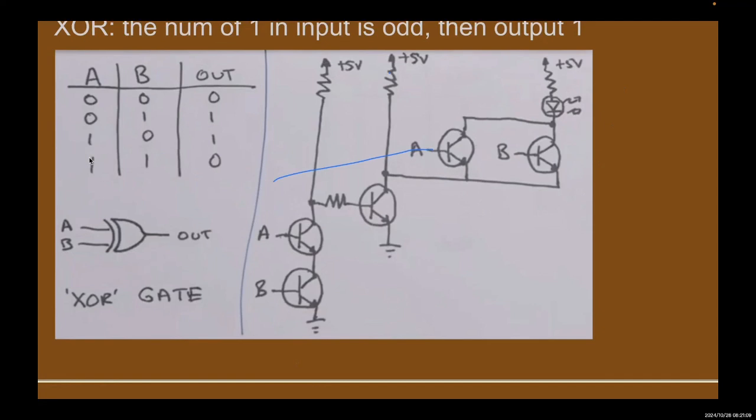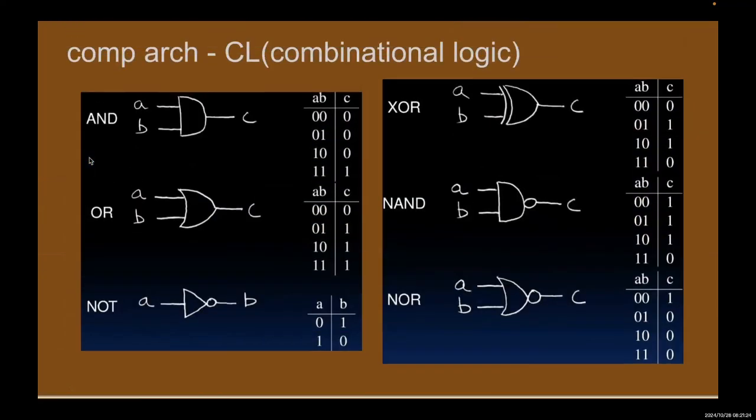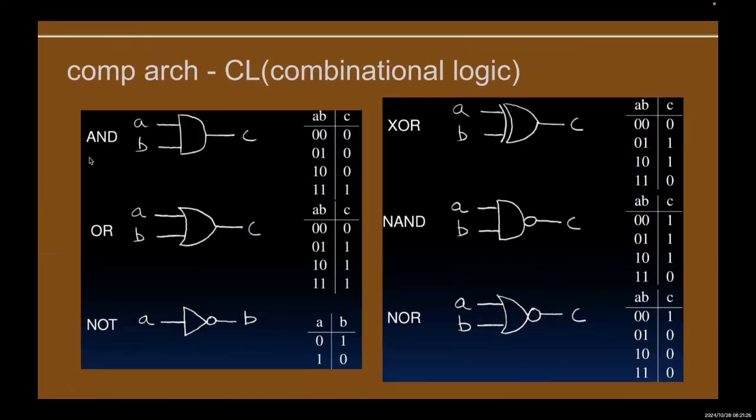You can just put them together as input 1 and put them together as input 2 and put this as output. Then you get an XOR gate. So we just introduced the AND, OR, NOT and XOR gates.